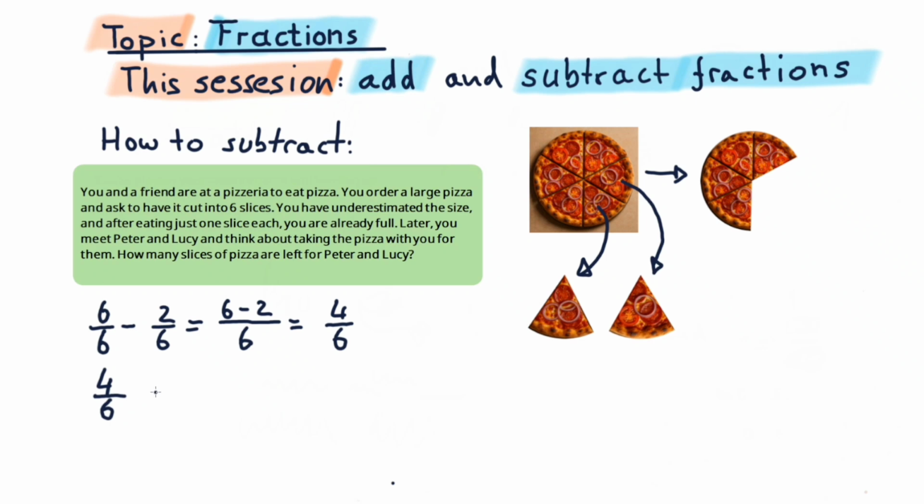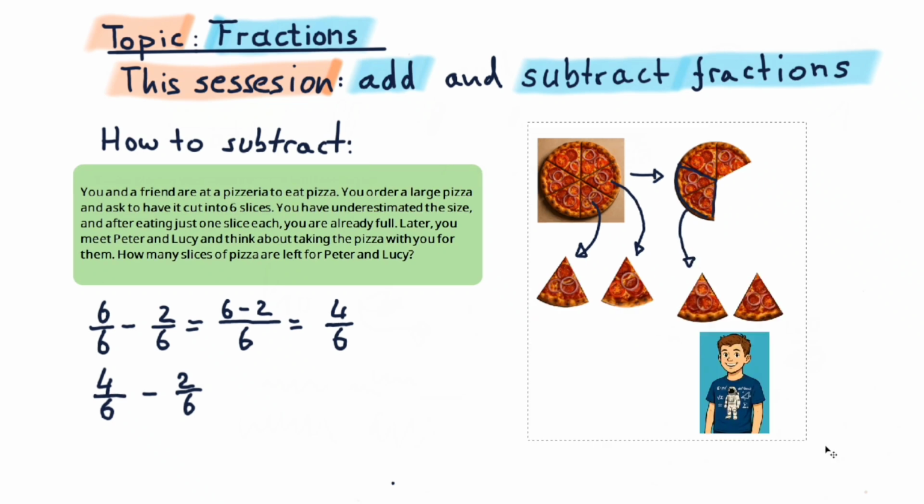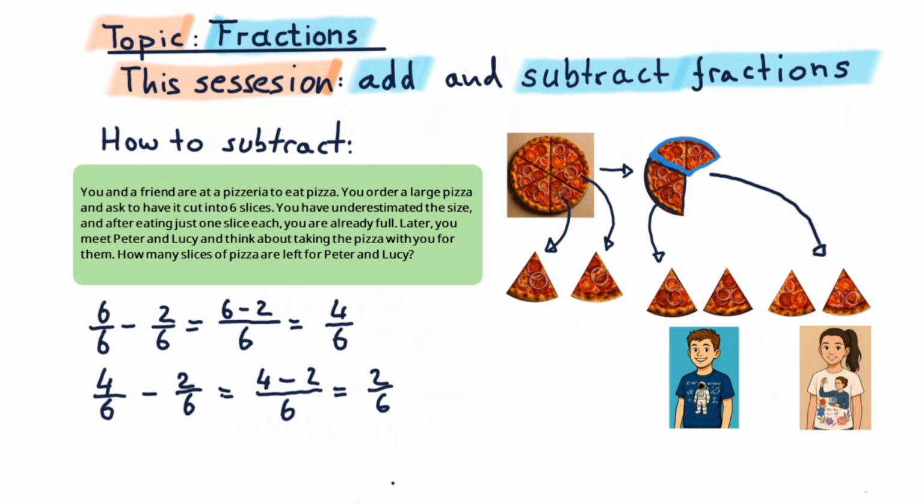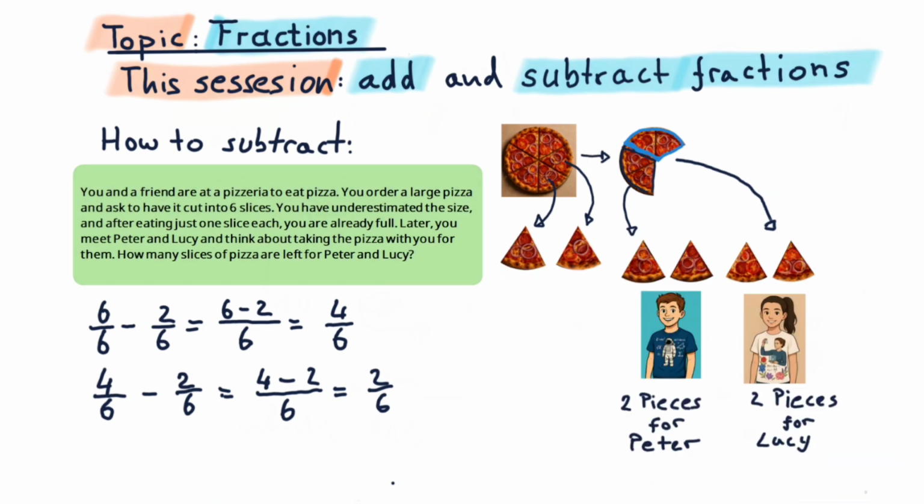For now, let's think of it this way. If Peter gets 2 slices, then we can also write 4/6 minus 2/6 equals 4 minus 2 over 6 equals 2/6. That's what Lucy gets. Now we have split the remaining pizza slices into 2 pieces for Lucy and 2 pieces for Peter.